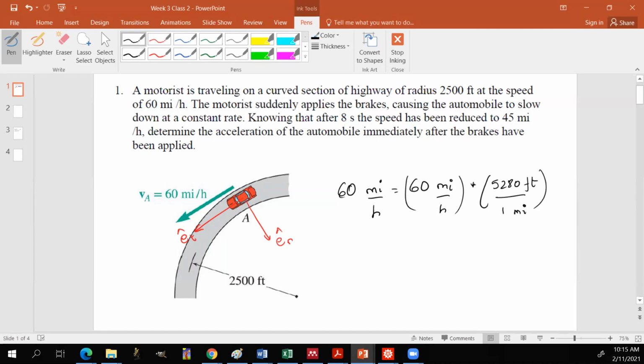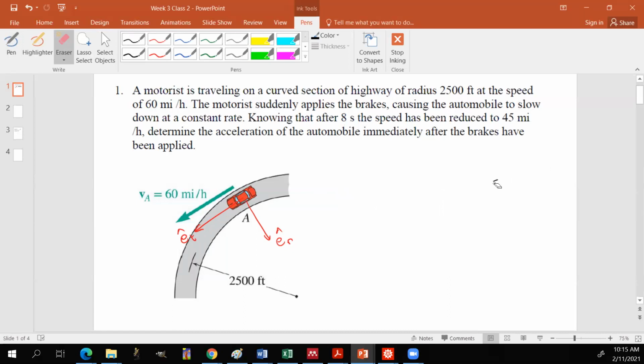And then let's convert the hours into seconds as well. Let's write that out again. 60 miles per hour is equal to 60 miles per hour times 5280 feet divided by 1 mile.